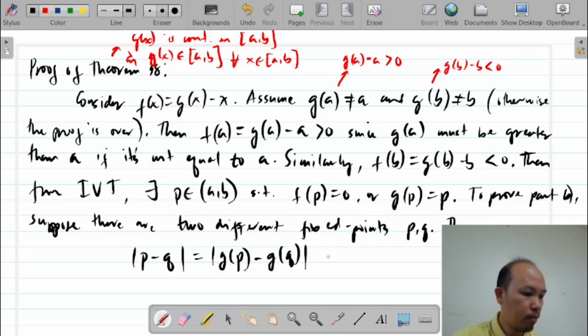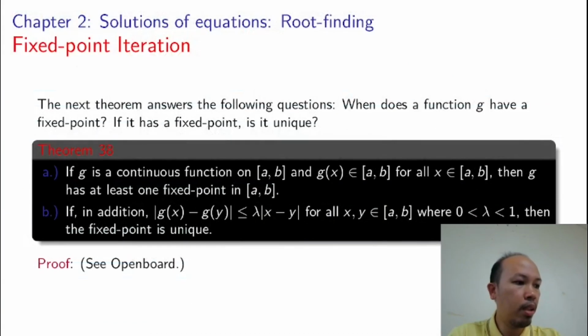Okay, and then from our definition, we know that we assume that the absolute value of g of x minus g of y is at most lambda times the absolute value of x minus y. Replace x by p and y by q.